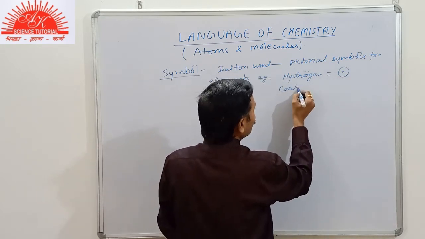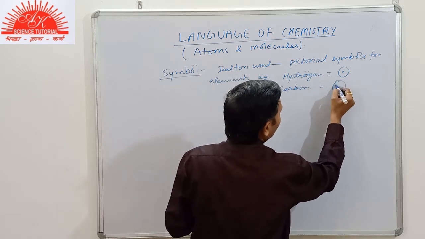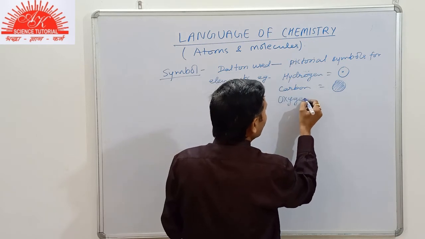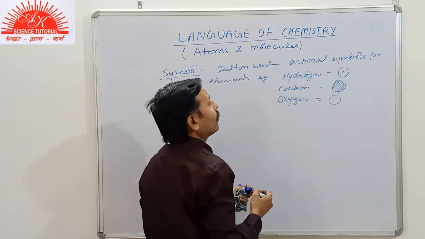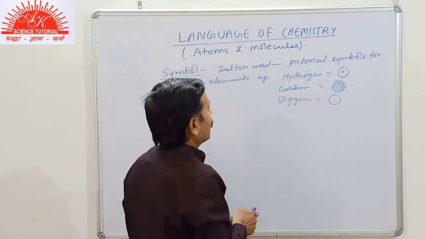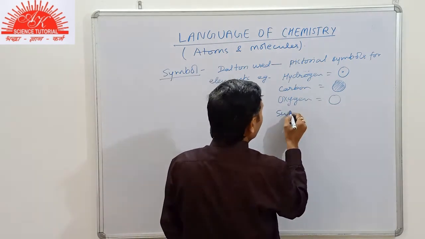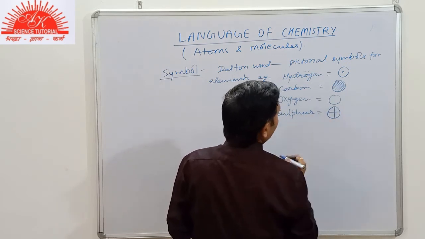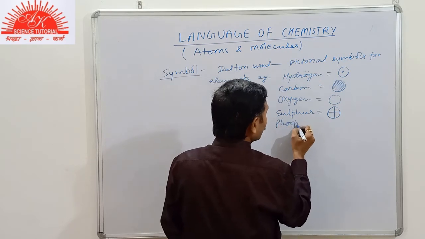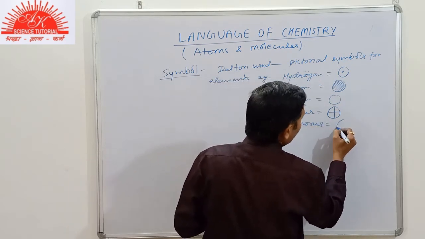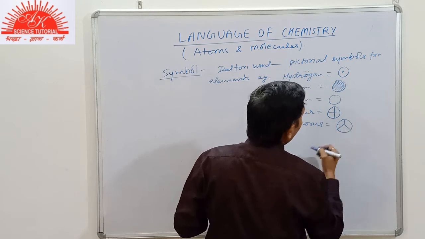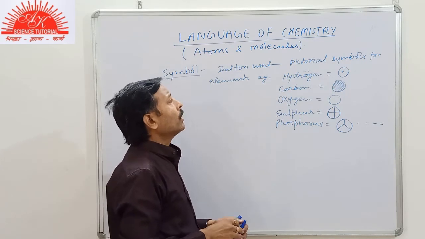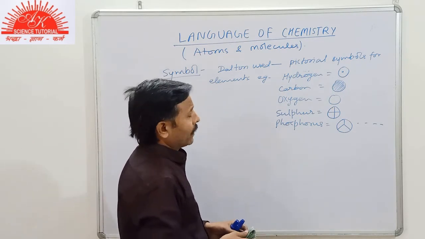For carbon he used a circle, which is shaded. For oxygen he used a hollow circle. Similarly, for sulfur he used this symbol. For phosphorus he used this symbol, and so on. So he used some symbols to represent these elements.